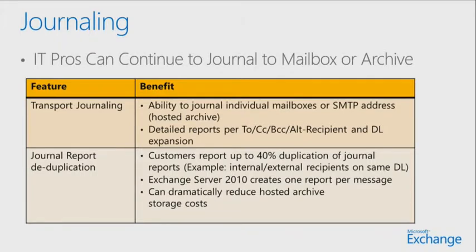Customers apparently report up to 40% duplication of journal reports, because the Exchange server creates one report per message, so deduplication can dramatically reduce hosted archive storage costs. What that's saying is if somebody on the outside is sending an email to 10 or 15 users, all with an Excel attachment, we can deduplicate that and only store that one email in the offsite archive.